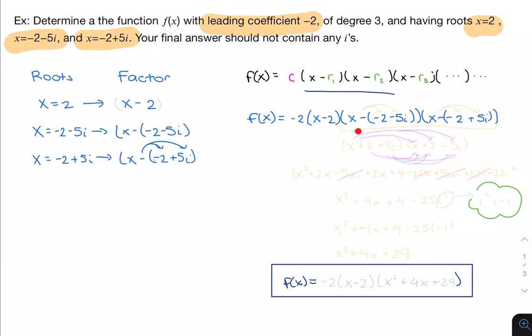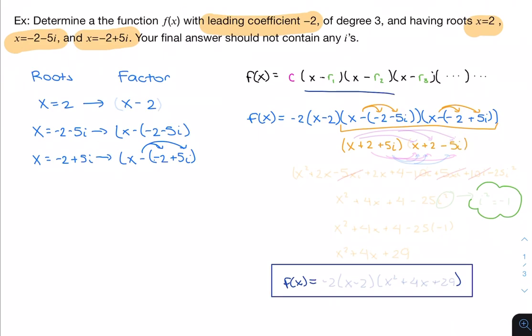Since we can't have i, let's go ahead and simplify this inner part that has the i's. We're going to want to distribute in the negative signs. And that's going to just change the signs of the inside. So we're going to have x minus negative, negative is a positive, so x plus 2 plus 5i times x plus 2 minus 5i.